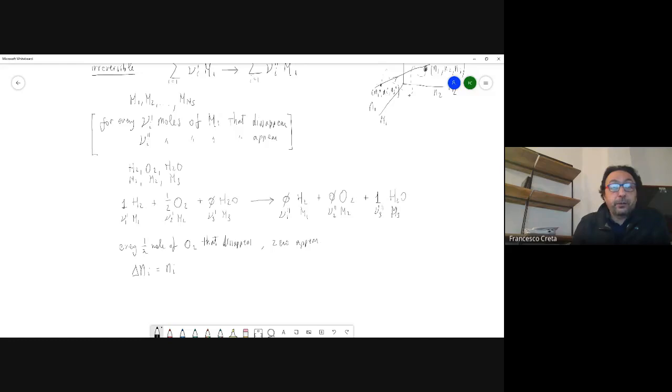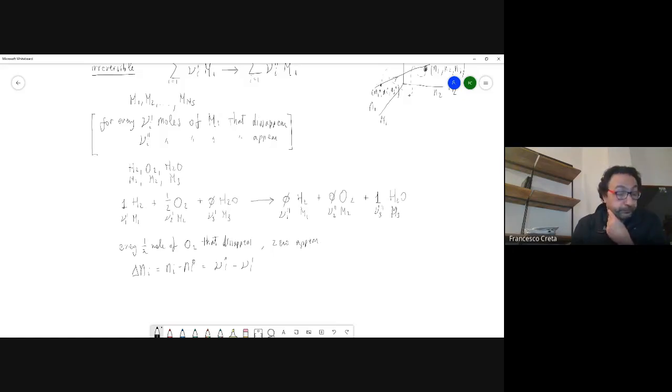So the final composition minus the initial one, which we called Ni0, is actually equal to the difference in the stoichiometric coefficients, nu i double prime minus nu i prime.